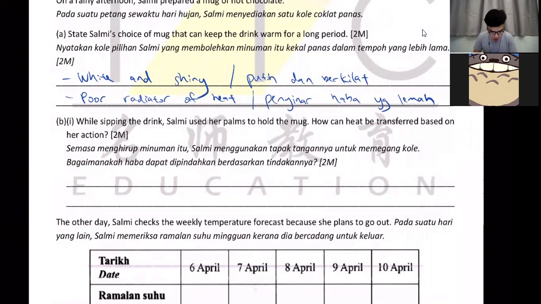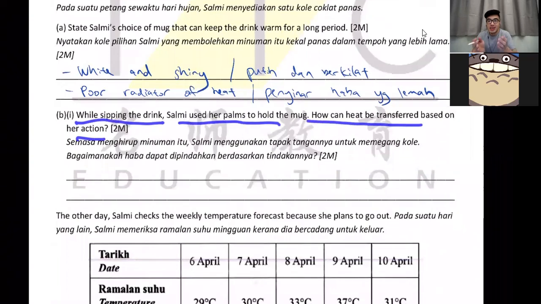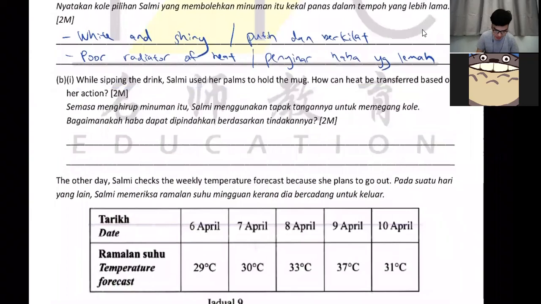So B1, while sipping the drink, Sami used a palm to hold the mug. How can heat be transferred based on the action? Now you see, when I'm holding the mug, the mug is solid. My hand is solid. So what is this transfer? This is called conduction. Okay, konduksi.